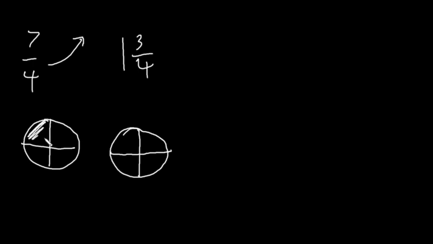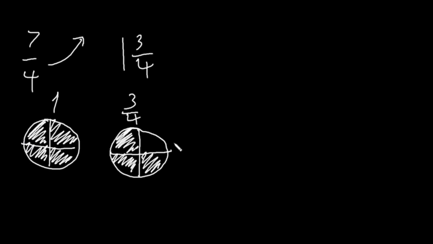So that's 1/4, 2/4, 3/4, 4/4, 5/4, 6/4, and 7/4. So that would be 4/4, which would be one whole, and then we'll have 1, 2, 3, 3/4. So we can see here the pictorial representation of that.